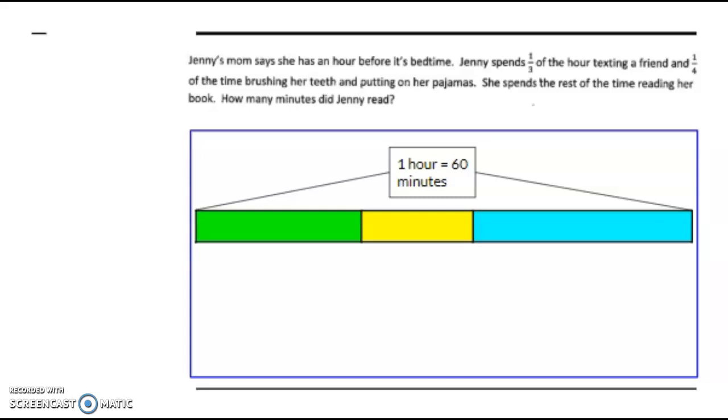As you can tell, they're not exactly even because I just kind of guessed about how much space it would take, but I have 1/3 of an hour texting, 1/4 of an hour getting ready for bed, or brushing her teeth, putting on her pajamas, all that stuff, and the rest of the time is going to be for her reading. Now I didn't label it as reading, I labeled it as the question mark because that's what we need to find out.